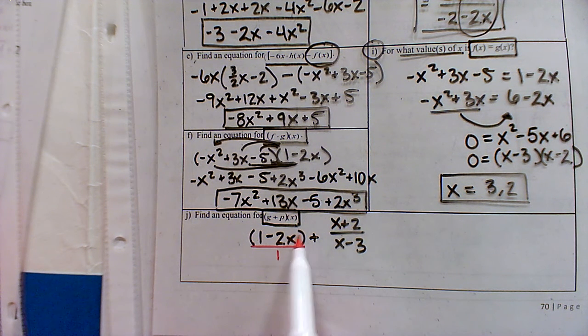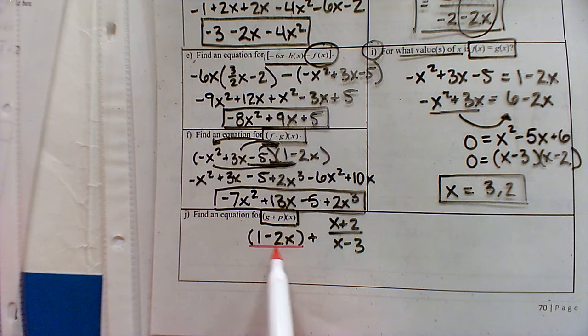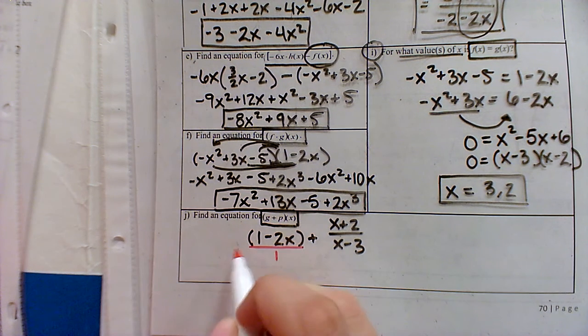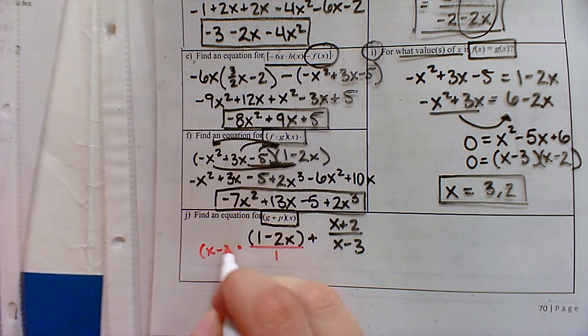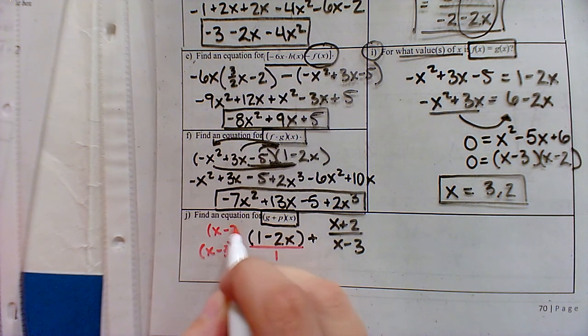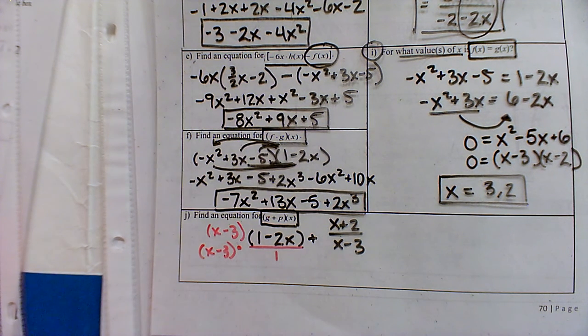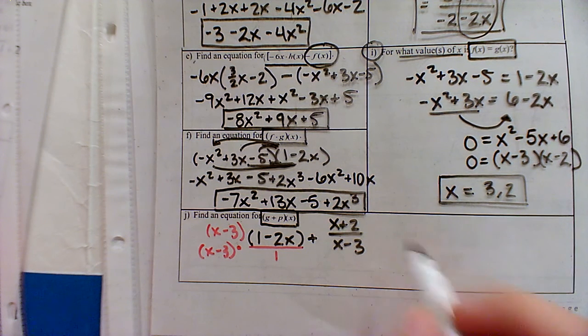So when we look at this right now, we have our first fraction plus the second fraction. We need to get a common denominator. Right now, the more complicated denominator is that x minus 3. So how can I change this denominator of 1 into an x minus 3? By x minus 3. Perfect. All right.